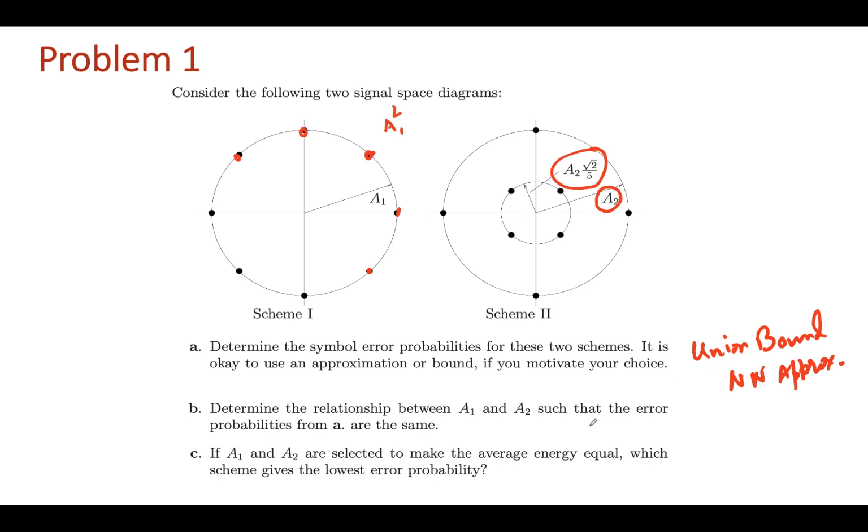Determine the relationship between A1 and A2 such that the error probabilities from A are the same. Okay, and if A1 and A2 are selected to make the average energy equal, which scheme gives the lowest error probability?